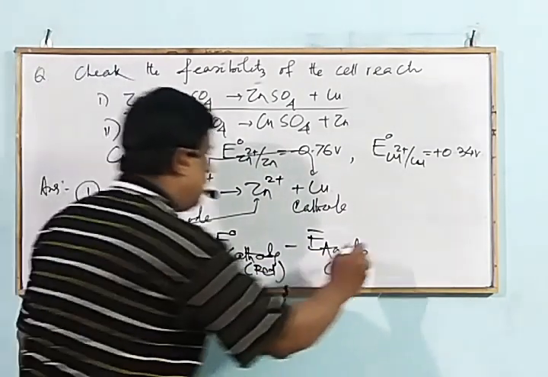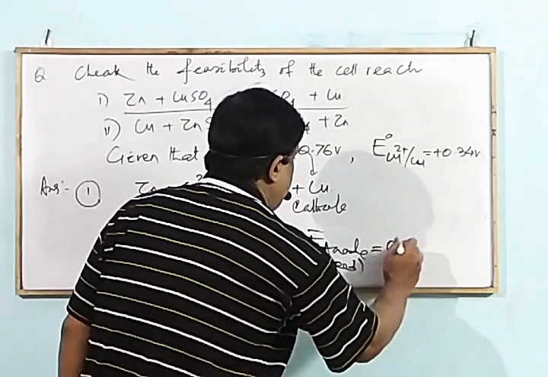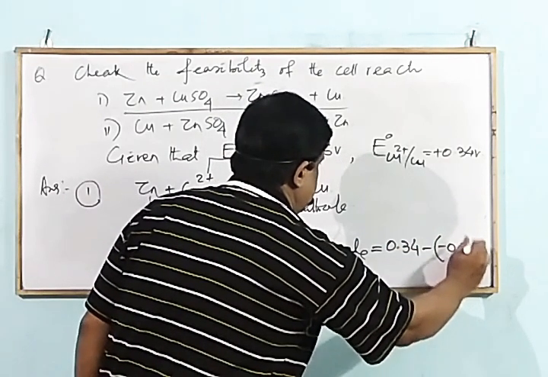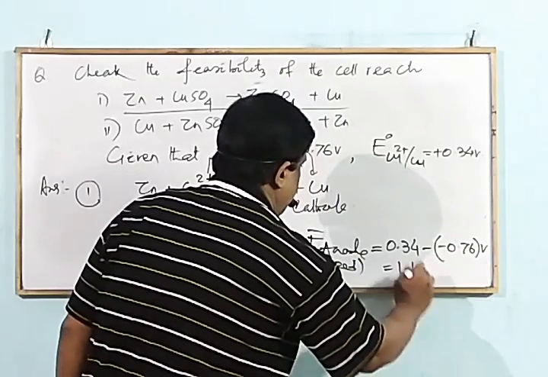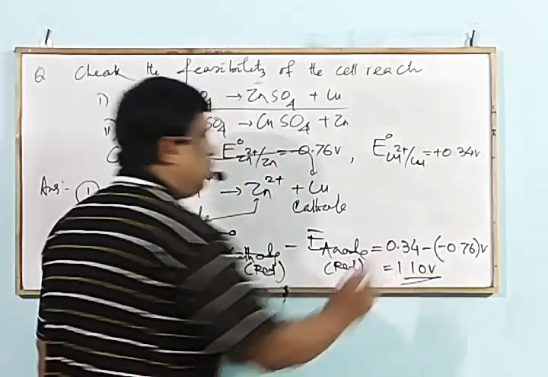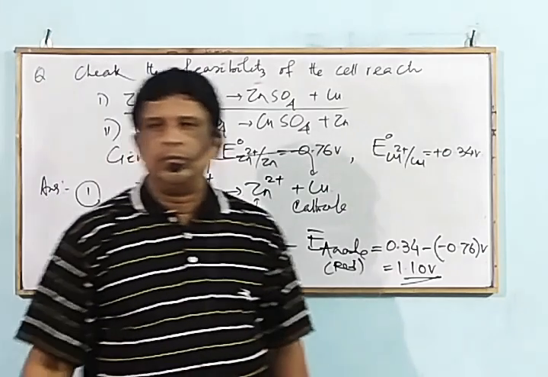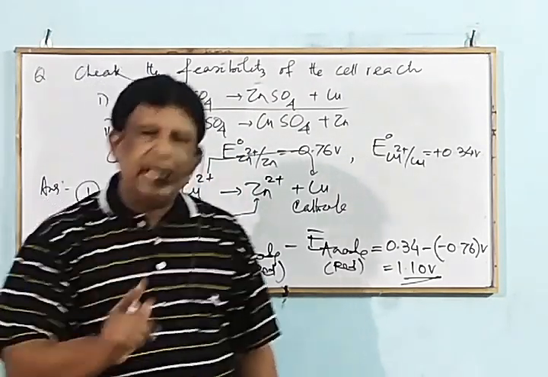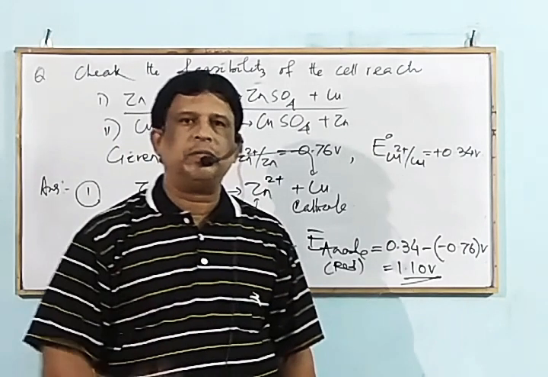That means 0.34 volt minus of minus 0.76 volt is equal to 1.10 volt. That is positive. It indicates that the cell reaction is possible, that the cell is feasible.